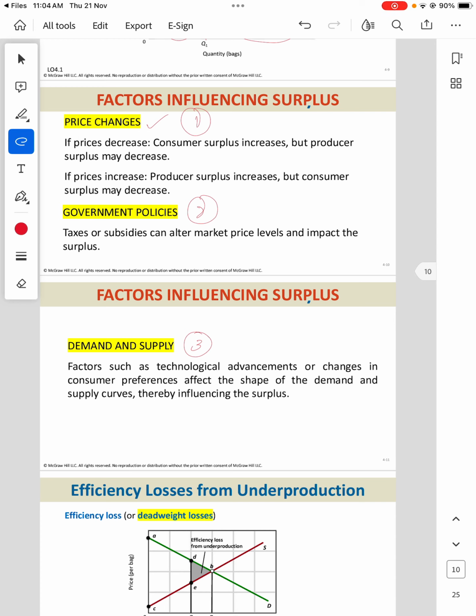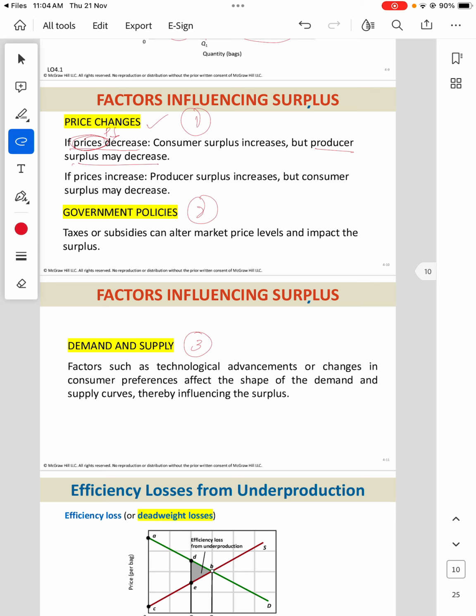These 3 factors influence either consumer surplus or producer surplus. If price decreases, consumer surplus increases, but producer surplus may decrease because of the lower price.